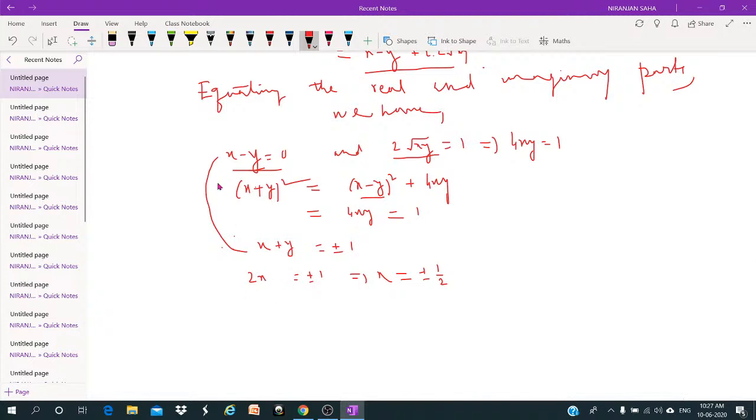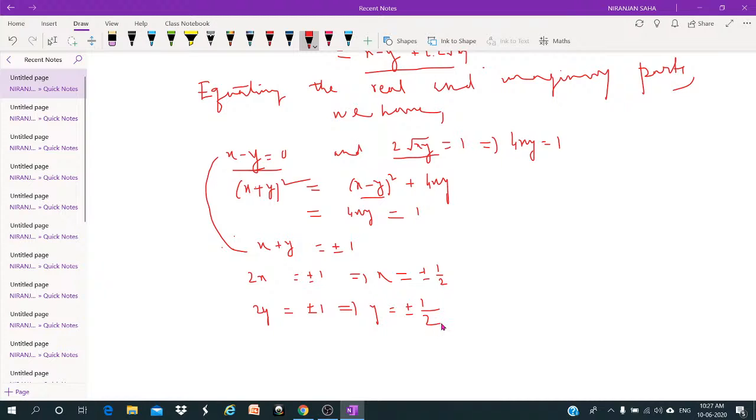Separating them, 2y is also plus minus 1, so y is equal to plus minus 1 by 2.